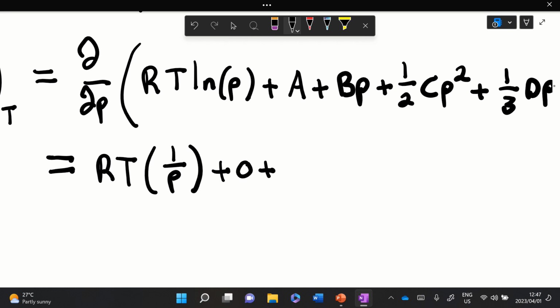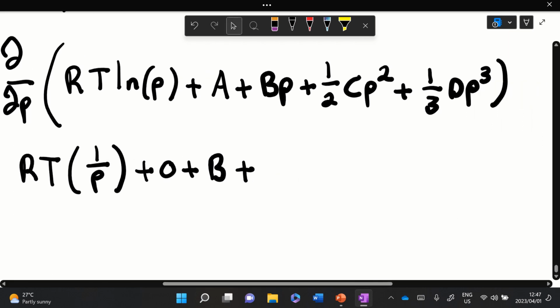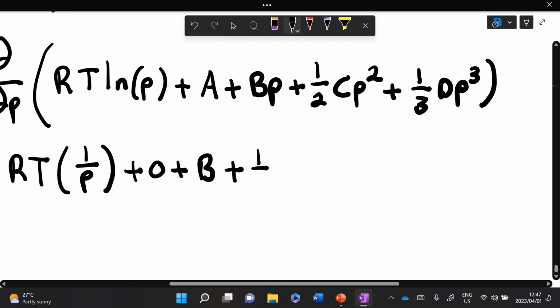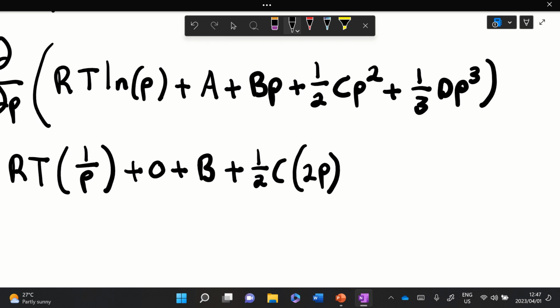The derivative of BP with respect to P becomes just B because the derivative of P with respect to itself is 1. The next one, we're left with a half C because those are both constants, and then we're left with 2P because the derivative of P squared with respect to P is 2P. And finally, we're left with a third D and then 3P squared.